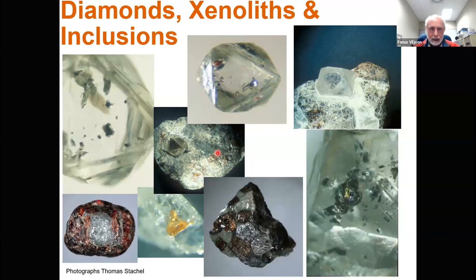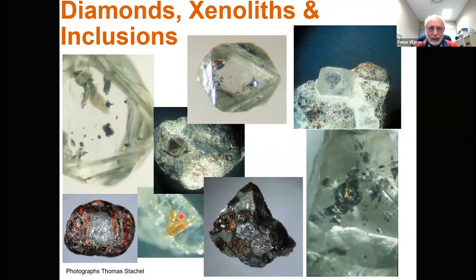Over here we have an eclogite with orange garnet, and the eclogite has a little diamond embedded in it. Here we have another eclogite, again with orange garnet, and it has a diamond embedded in it. This is a diamond with an orange garnet inclusion in it.